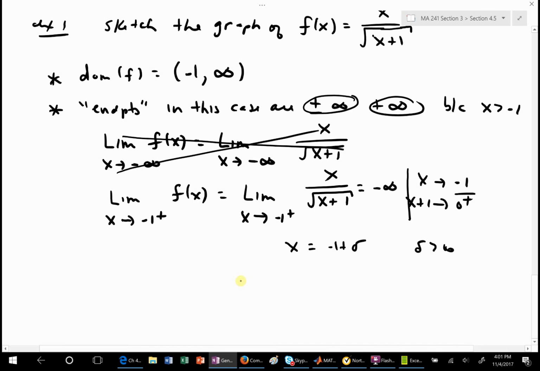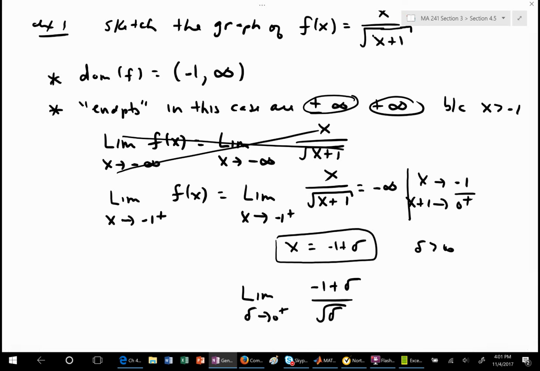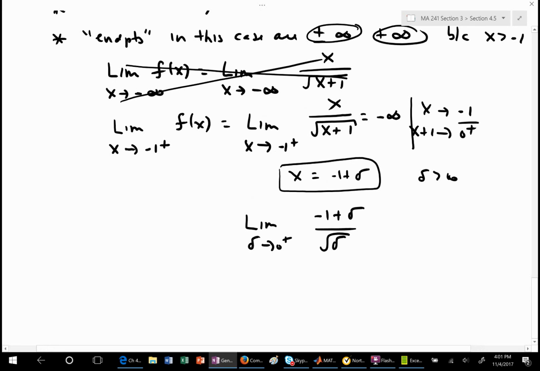So one way of doing this, if I use this substitution, I can write this as the limit as delta goes to 0 from above of minus 1 plus delta over the square root of delta. Okay? And if that makes it any easier, then you can use something like that. In any case, we know what's going on at negative 1. So this is an important point.